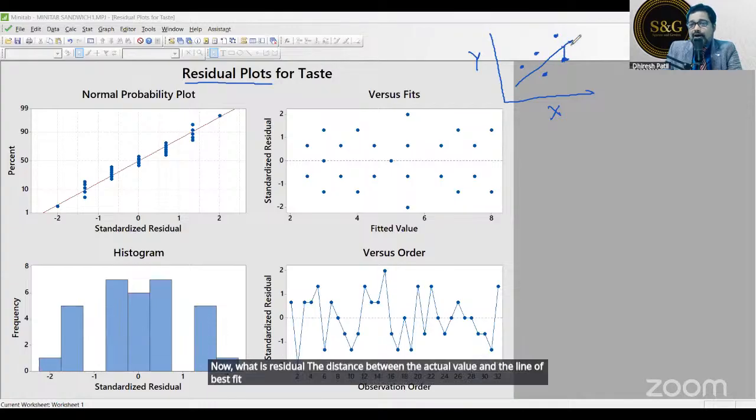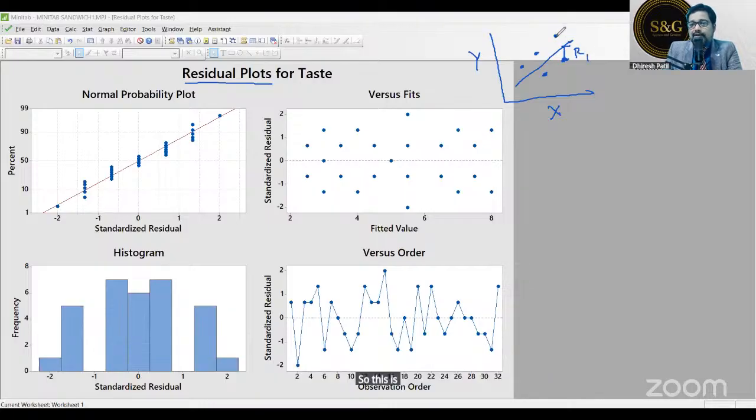This is called residual. So this is R1. This is R2. This is R3. So distance between actual data, actual value, and the value on line of best fit is called residual. Clear? R1, R2, R3, etc. These are called residual.